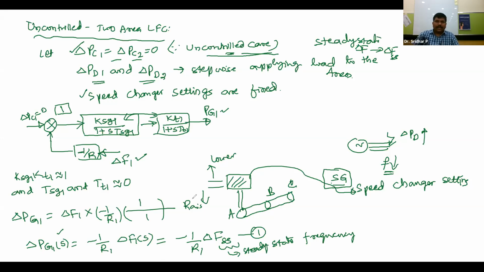Now the second thing is, from the previous analysis we can conclude that delta pg1 of s is equal to minus 1 by r1 into delta f at steady state conditions. Let me call this equation 1.